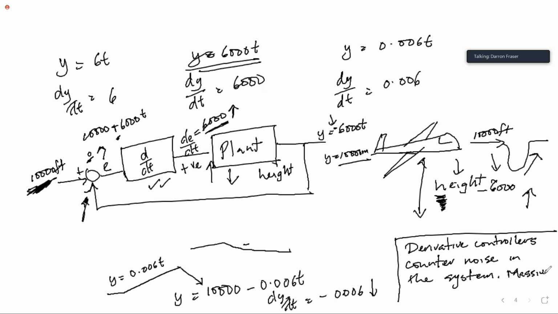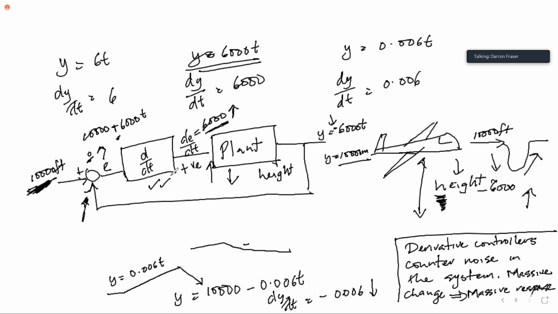Massive change, massive response. All right. So if there's a big change in the system, because you're taking the derivative of a large change, it will be a large value. The derivative of a small change will be a small value.